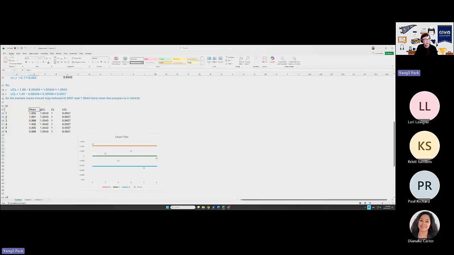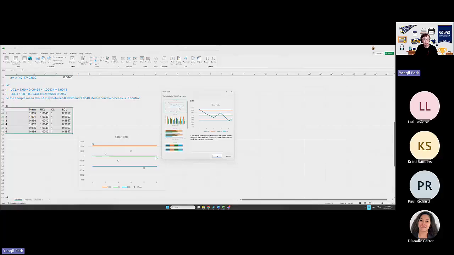So you have the mean, upper control limit, center line, which is the sample mean, then you have the lower control limit. Then you have 1 through 6, those number of items. So just highlight. Then I went to the Insert tab, recommended chart, and from there I chose this one, which just makes sense.